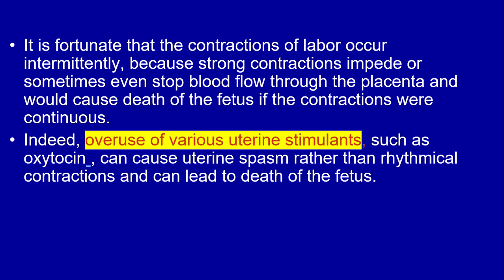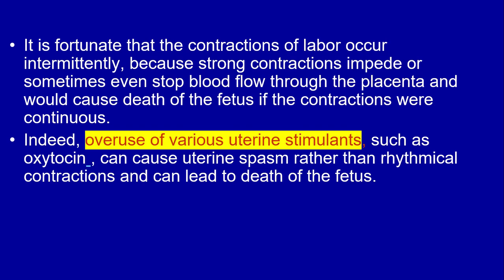These contractions in the uterus occur intermittently and allow the blood flow in the placenta to provide oxygen and nutrients to the baby. Indeed, overuse of various uterine stimulants such as oxytocin can cause uterine spasm rather than rhythmical contraction and can lead to death of the fetus.